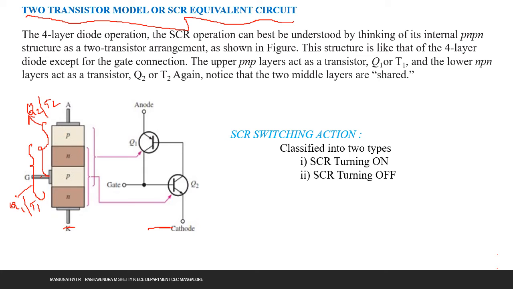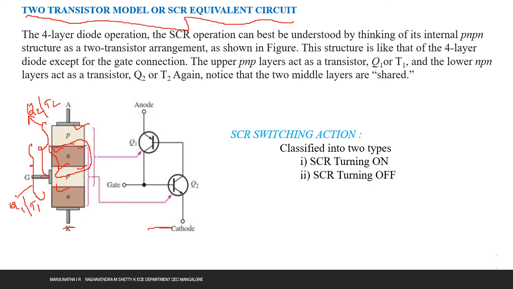Transistor T2 has PNP and transistor T1 has NPN. So what regions are common for transistors T2 and T1? These two are common to both transistors T2, T1 or Q2, Q1.